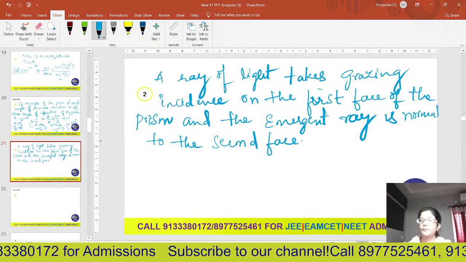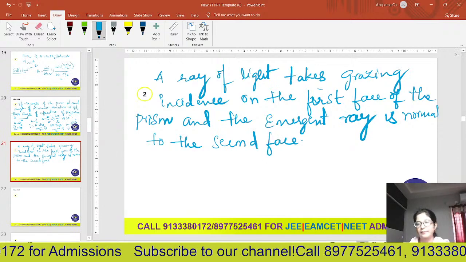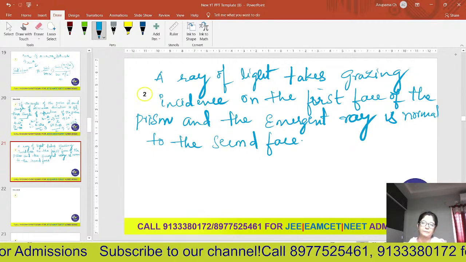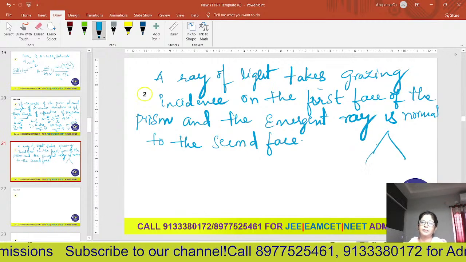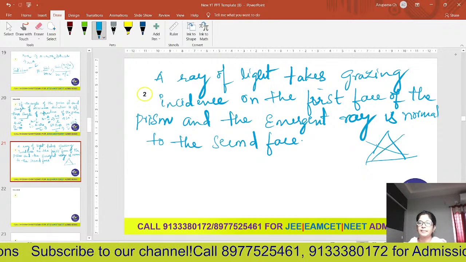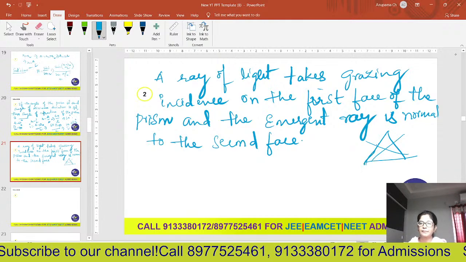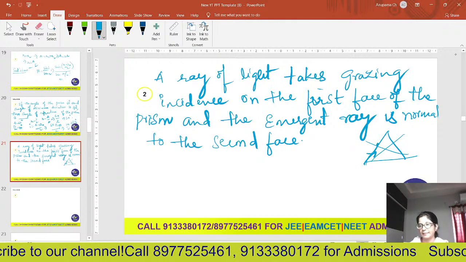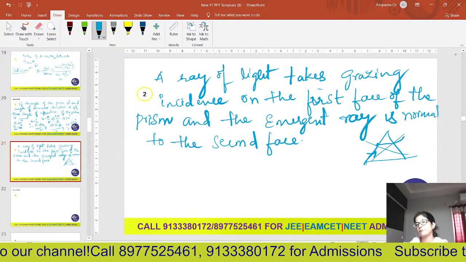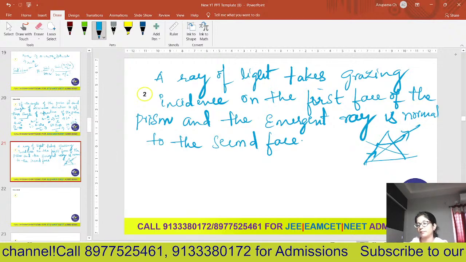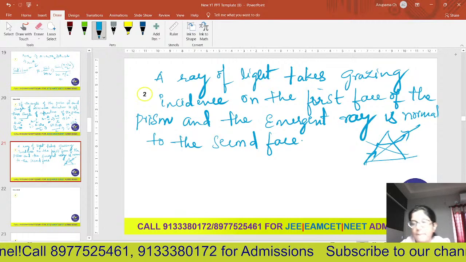Means on the first face it is grazing incidence, these are the normals. Grazing incidence means the incident ray will be like this, and from the second face it is going along the normal. I hope this is clear, right?